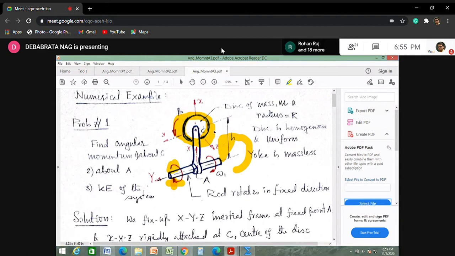And when you combine these two vectors, one is instantaneously along the small z and another is always along the capital Y direction, you see therefore that the resultant of these two is obviously not passing through point A. So although the point A satisfies the fixed point criterion, it does not satisfy the condition that this body is rotating about this point.